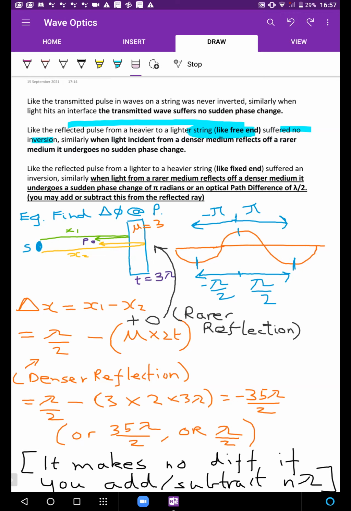On the other hand, when the wave passes from a light string to a heavy string, तब इन्वर्जन होता है, या फिक्स्ड एंड से रिफ्लेक्ट होता है तब इन्वर्जन होता है.